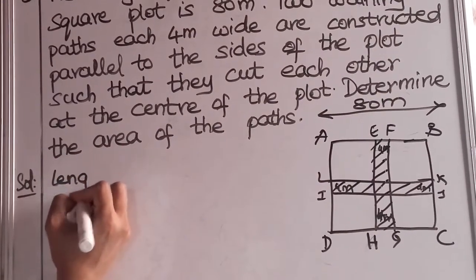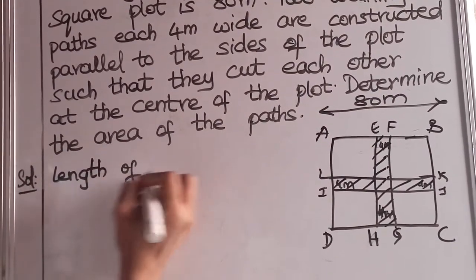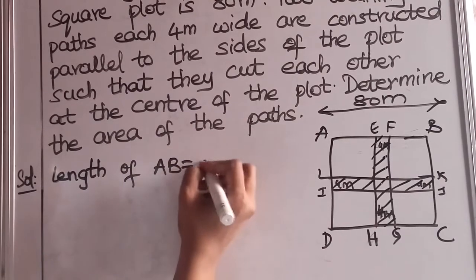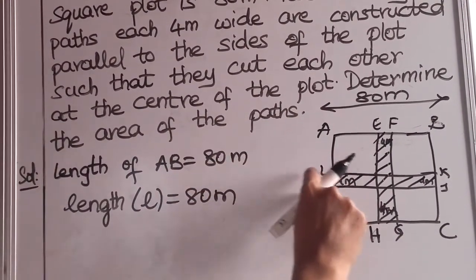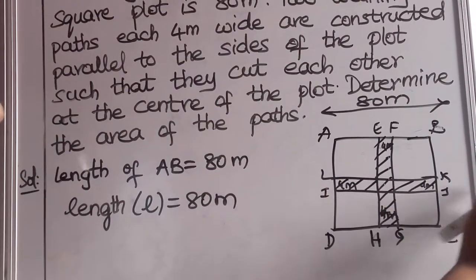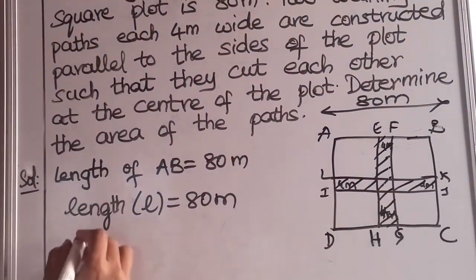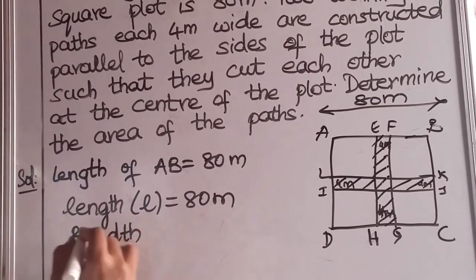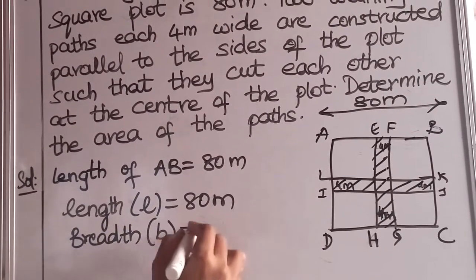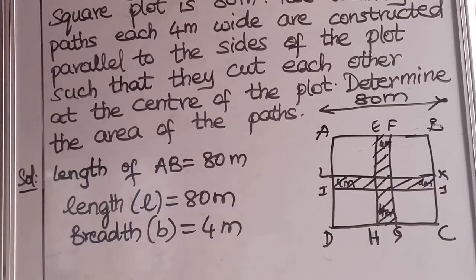Length of AB is equal to 80 meters. Because I am taking this side, it is 80 meters, and the breadth B is 4 meters.